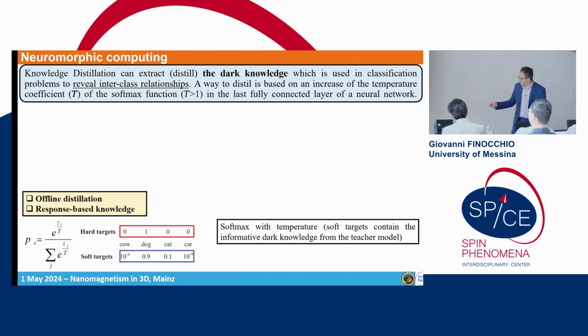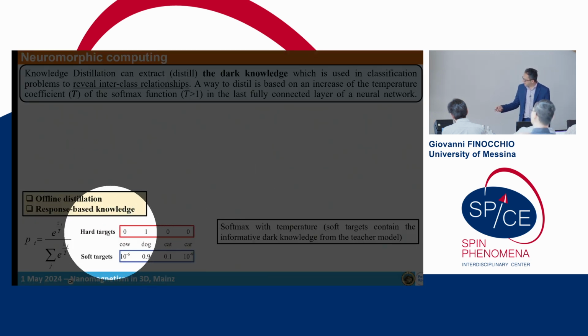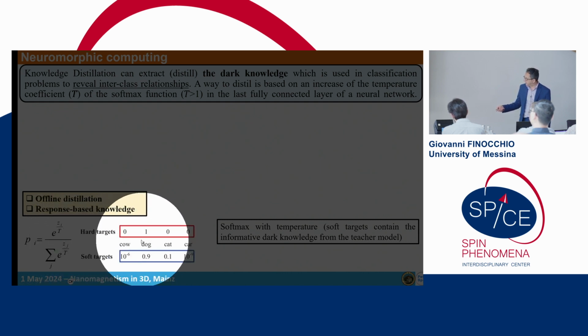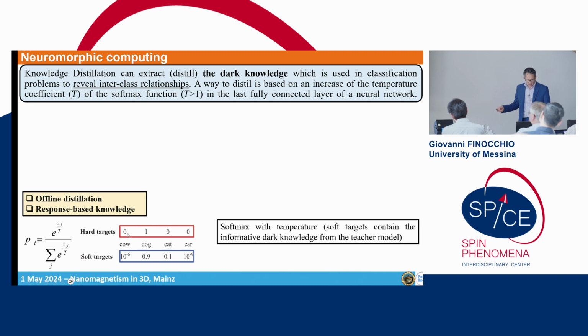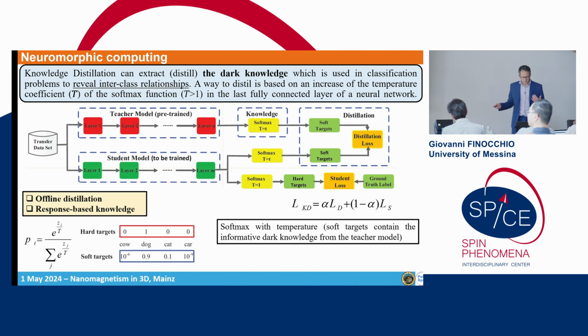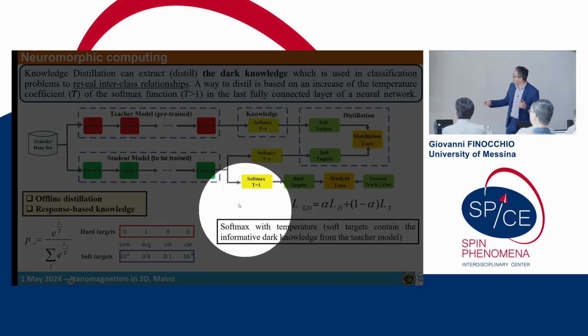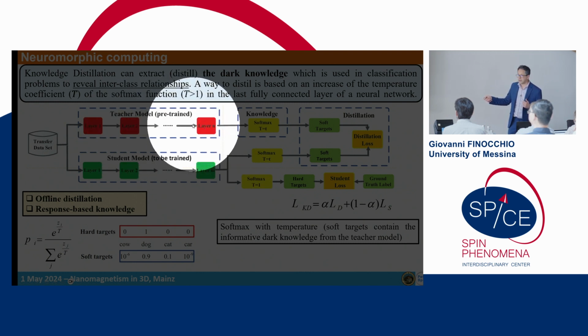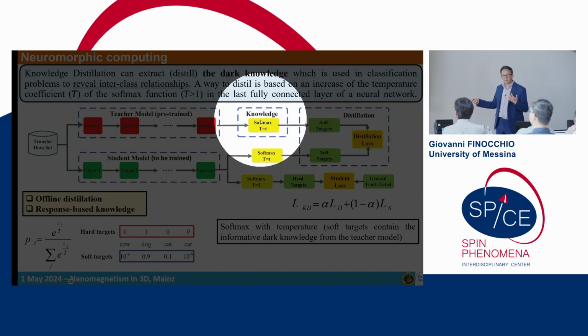If we come back to the softmax, you remember that by changing the temperature of the activation function, we can have different hard and soft targets. So we can extract information from there. If we do that, we can create a scheme for a neural network composed of three elements. First, the teacher model without the softmax, where we extract information at a temperature different than 1.